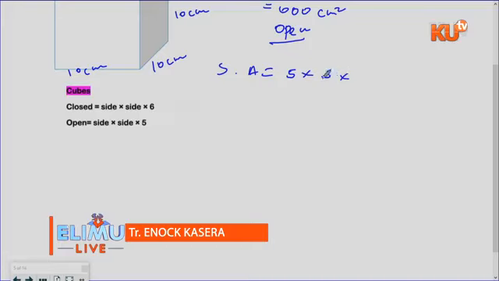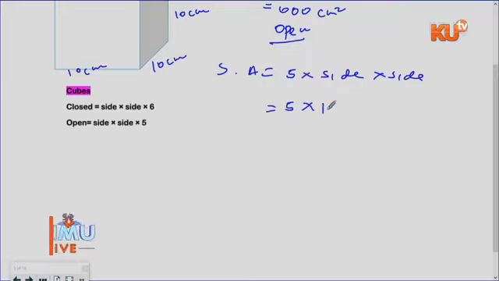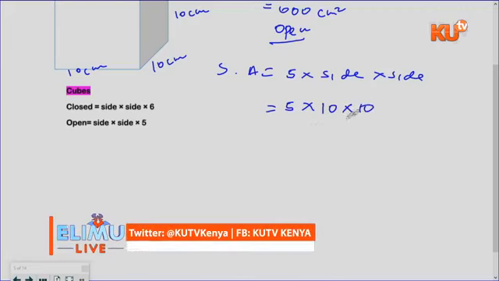So just take 5 times the measurement of each side, which is 10. So you multiply 10 times 10 is 100. 100 times 5 is 500 centimeters squared. It's important you indicate the unit.